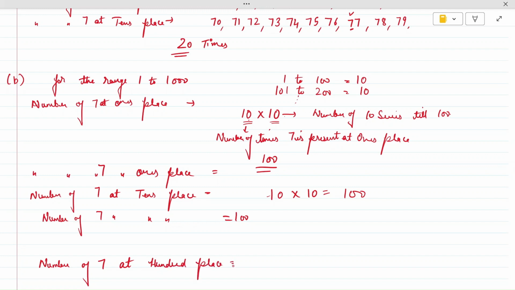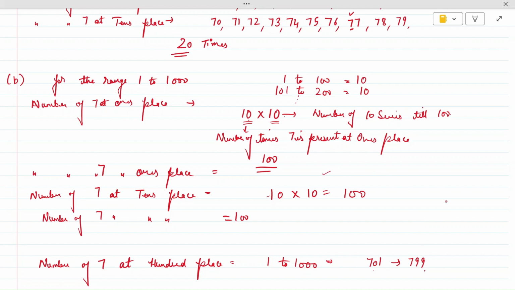So kids, we know that when we count from 1 to 1000, here we have the entire series of 700 which starts from 700 and goes till 799. Now in this series of 700 to 799, we have already covered the sevens which were present at ones place.